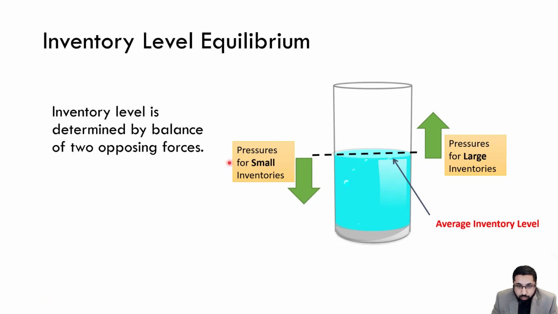That has to do with the context, the situation, and we're going to talk about the factors that, if present, will push us towards having low levels of inventory, and other factors that will push us to have high levels of inventory. In any given situation, both types of factors are present. So the balance of them determines the inventory level.